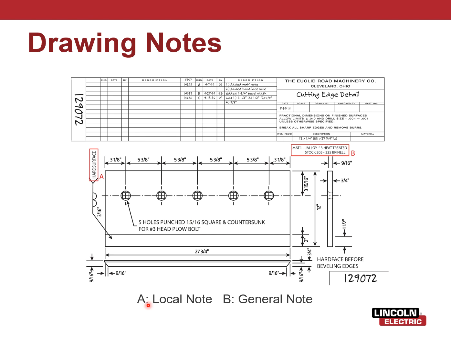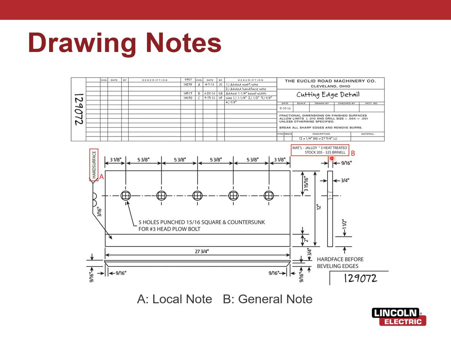Okay, so here we have A is our local note. Okay, so that's saying hard surface, and it's right by the part. Looks like it's in the tail of this welding symbol. And then we have our general note. So metal Jalloy, 3-inch heat treated, stock number 205, 255 Brunel.